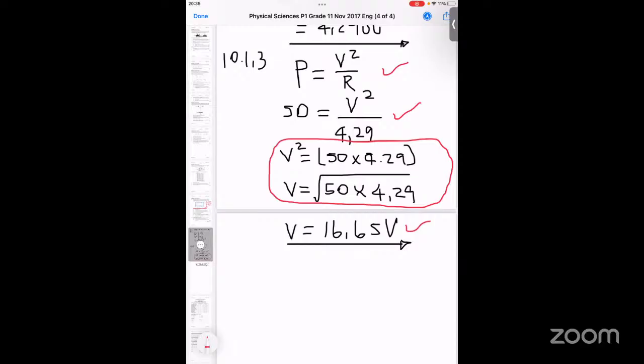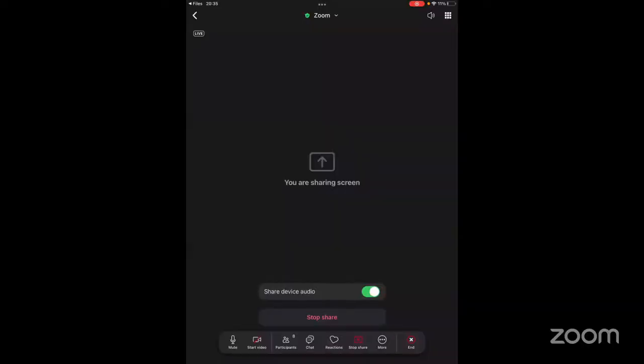Is my screen sharing? Yes, I think it is sharing. Okay, guys, did it make sense how you are supposed to work it out? Yes, sir. I hope everything's in order on your side. Ethan, okay, thanks for the confirmation.